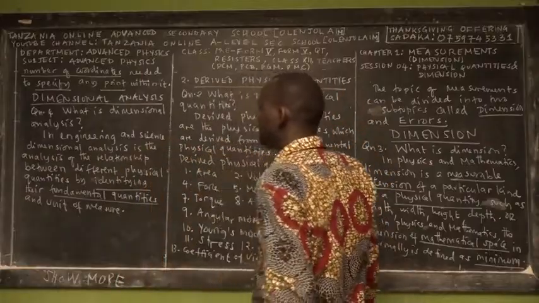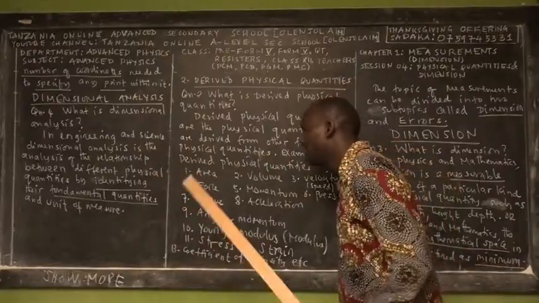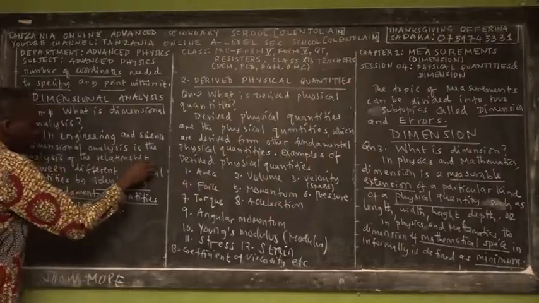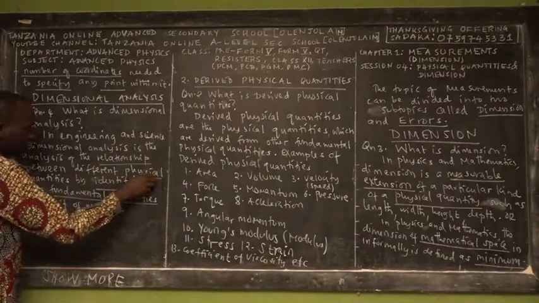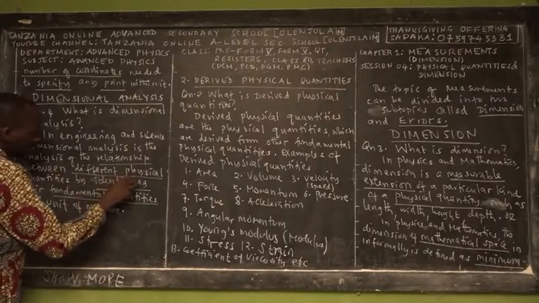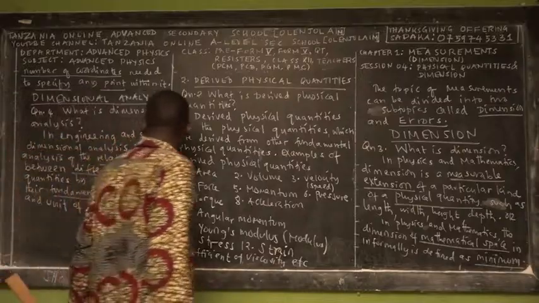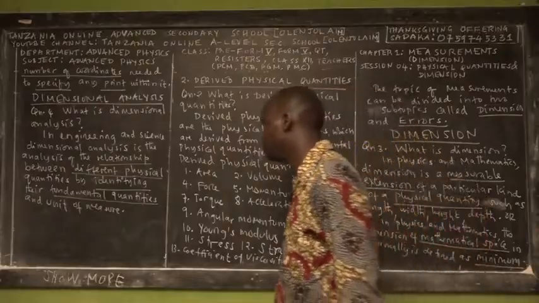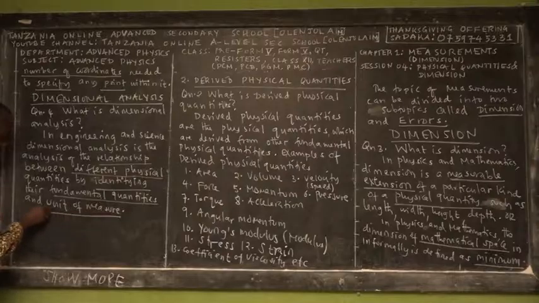What is dimensional analysis? In engineering and science, dimensional analysis is the analysis of the relationship between different physical quantities. So here we'll be teaching you about the relationship between different physical quantities by identifying their fundamental quantities and unit of measure.